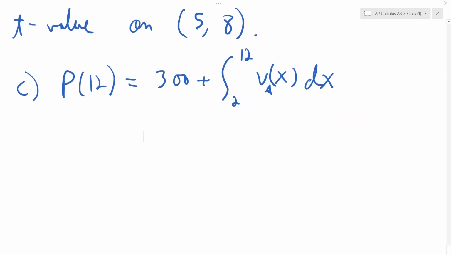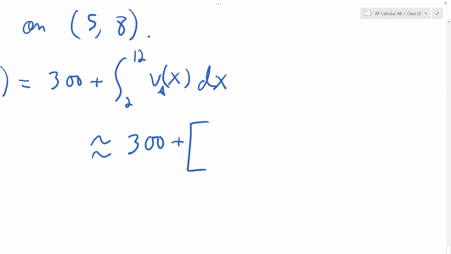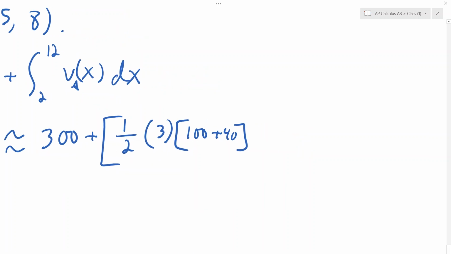But regardless, you're going to say that that is approximately equal to 300 plus, we're going to do trapezoids here. My first trapezoid from 2 to 5, so it's 1/2, a height of 3, and the bases are 140. Anybody confused about that one? Remember, it's 1/2 the height, base 1 plus base 2, and the bases are the y values at the endpoints.